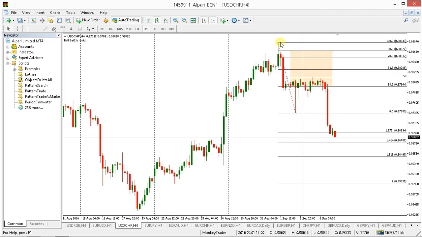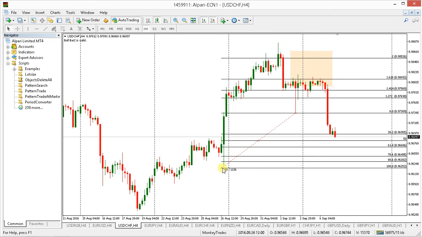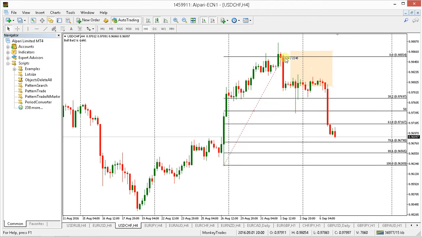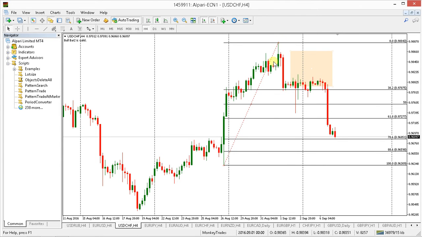And when the C point is ready, what is left? Only to draw the entries. Okay, let me take my horizontal line. The first entry for bat pattern is 886. Okay, this way.